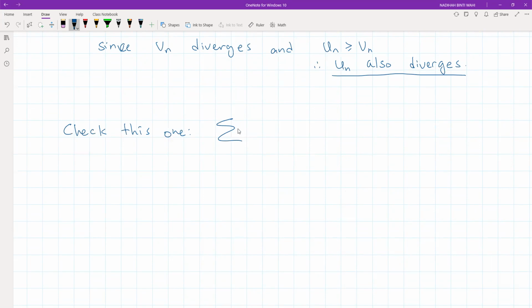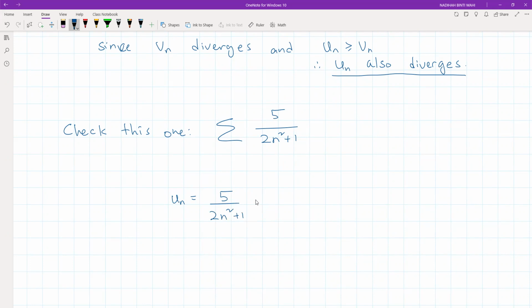Summation for 5 over 2n squared plus 1. Okay, now you can see that you can compare this with 1 over n squared. So let's say Un is just equals to 5 over 2n squared plus 1.